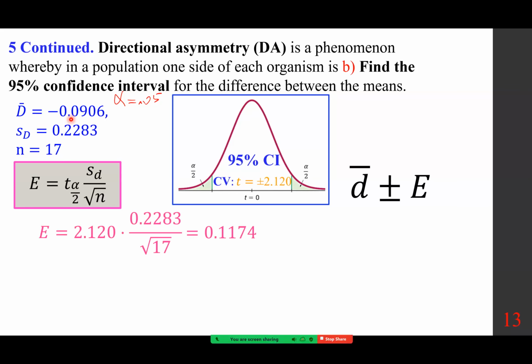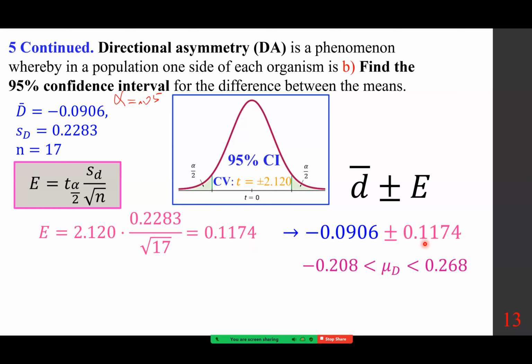And d bar is this number, so we are going to subtract 0.1174 from it and add to it as well. It gives us negative 0.208 less than mu sub d less than 0.268.